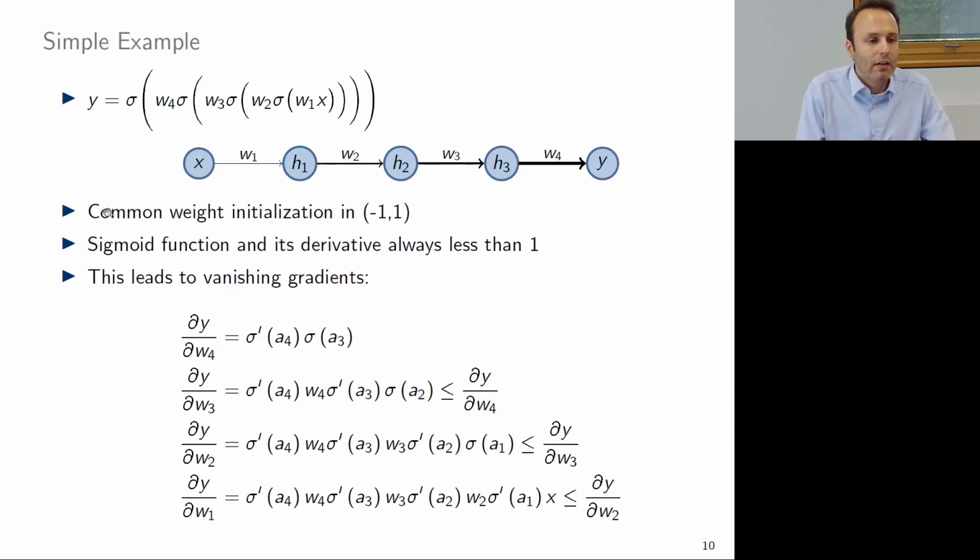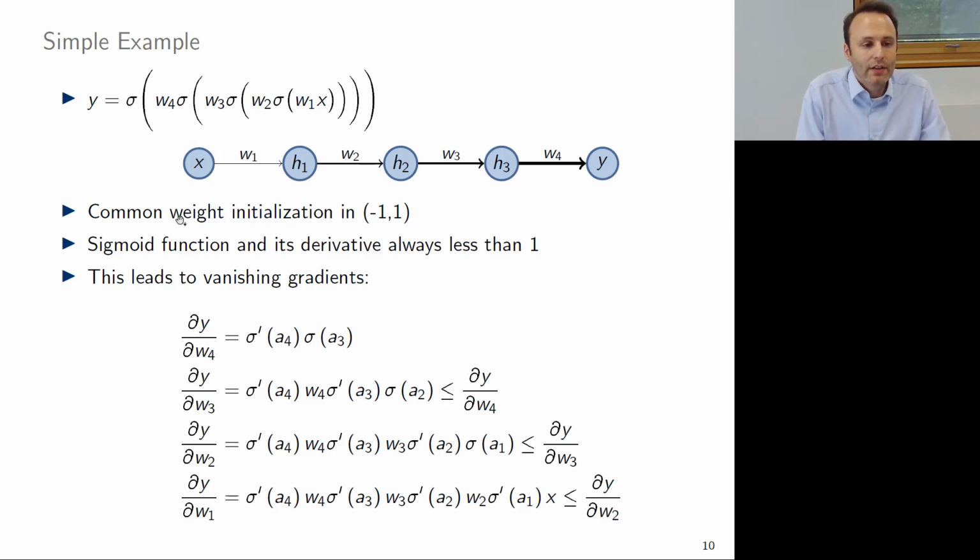Now, take a look at this simple example where we have an input x, and then 3 hidden layers, and then we have the output y. And so you can write this up like this formula here at the top.